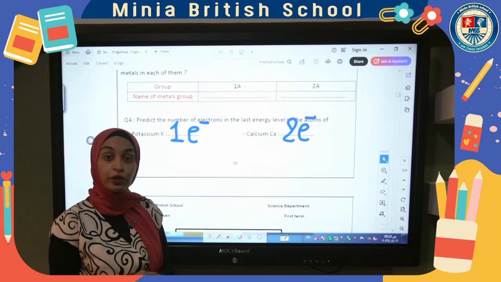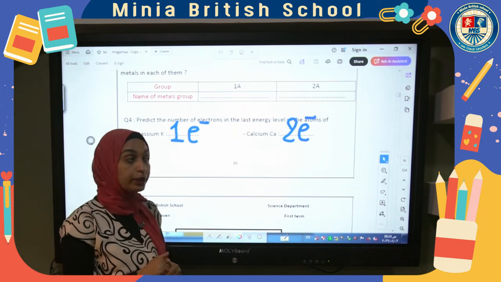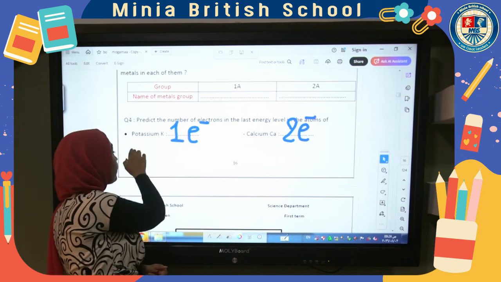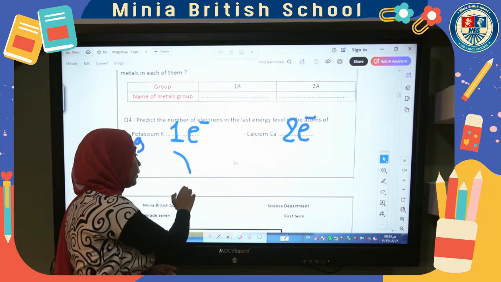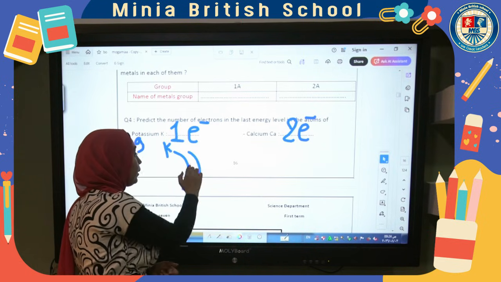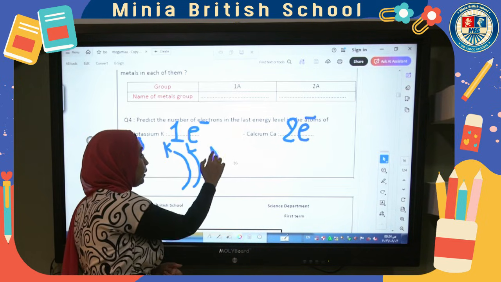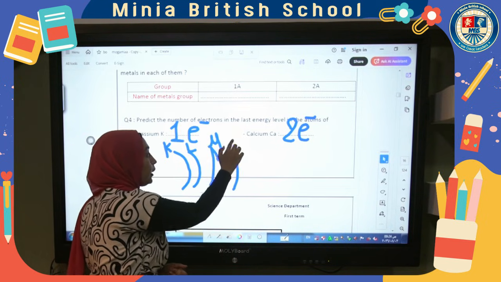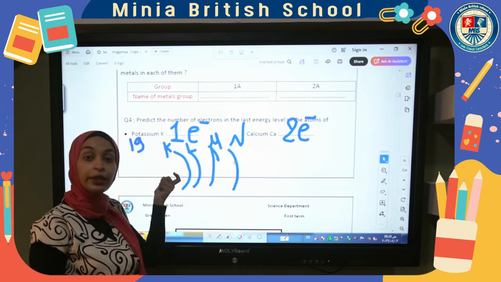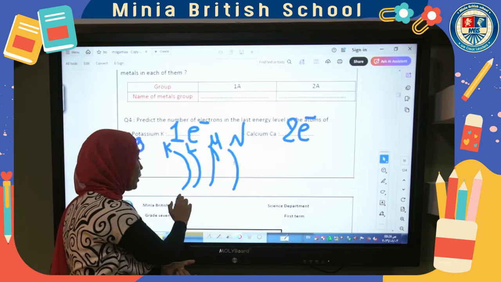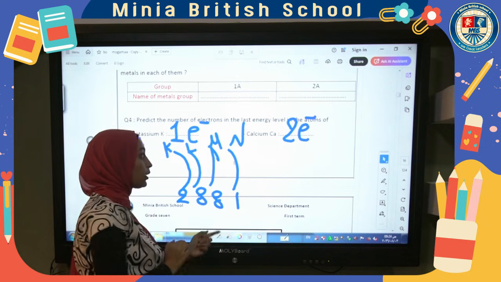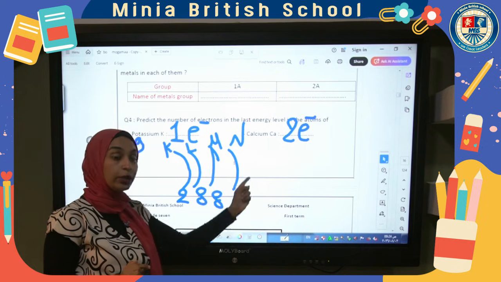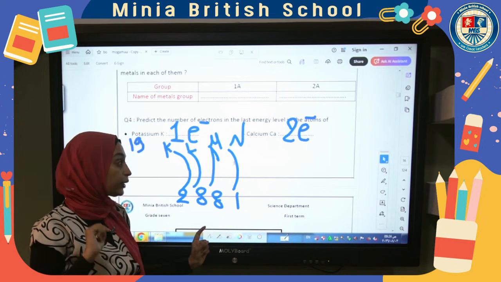If I want to make sure that these answers are right, I know that the atomic number of potassium is 19. Now let's distribute it in energy levels: K, L, M, N. Let's distribute the 19 as we said in the last session: 2, 8, 8, 1. So the outermost energy level, or the last energy level, contains 1 electron.